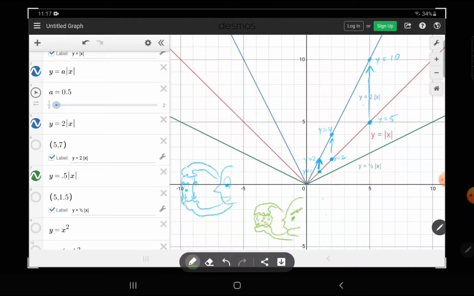And so you can see here that the original y value of 1 gets squished to a y value of 1/2. This y value of 2 gets squished to a y value of 1. If you had a y value of 5, it gets squished to a y value of 2.5. So you can basically see here that this is creating a vertical stretch or vertical compression.